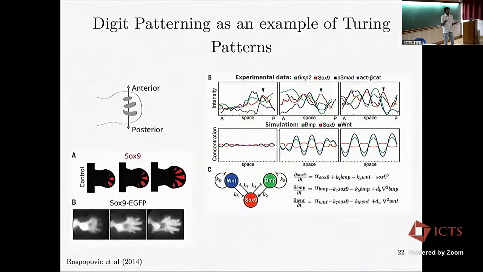Just to show you an example where this is relevant, there's this paper from 10 years ago where you have a 3-component network which produces a Turing pattern. Since then, a lot of effort has been invested in thinking about higher order component networks which produce Turing patterns. In this case, this is the limb bud, and you're looking at digit formation, so fingers and thumb in the mouse.